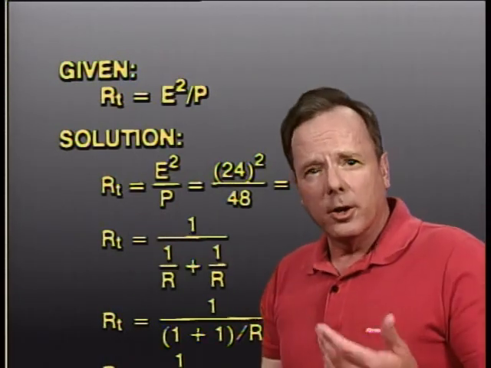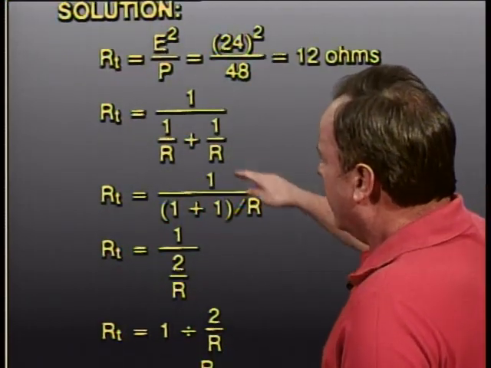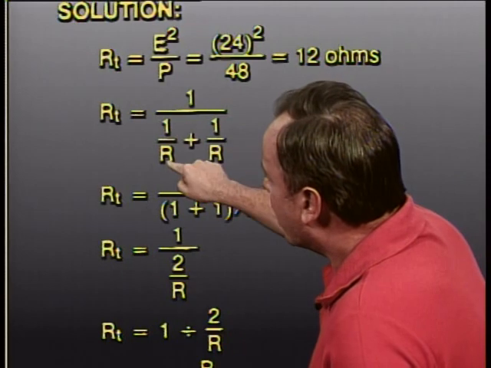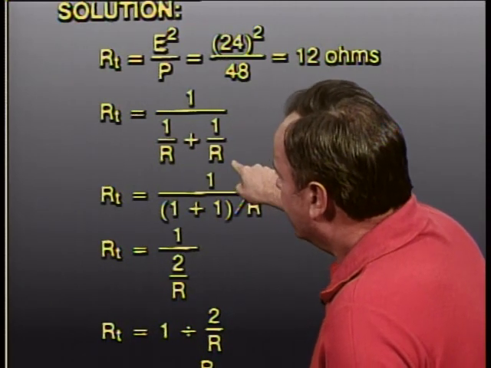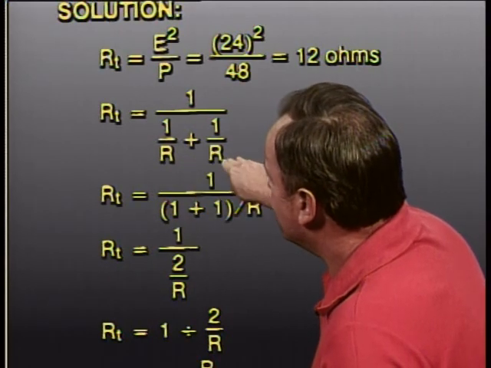Now we talked about earlier the formula for the resistance when they're in parallel in a circuit, and it's 1 divided by 1 over R plus 1 over R. And in this case these resistors are equal to each other, so this value of R is the same in each case.